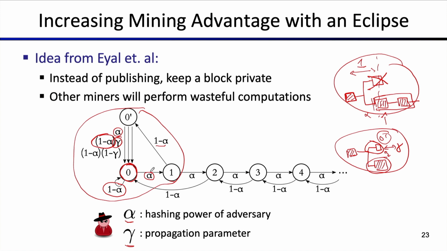So here alpha is the probability that an adversary finds a block. So he's one block ahead in his private chain. Another alpha here would bring him to two private blocks, etc. Right? And so this 1 minus alpha indicates, for instance, if the honest network finds a block, well, the adversary could publish both of his private blocks to override this public network block.